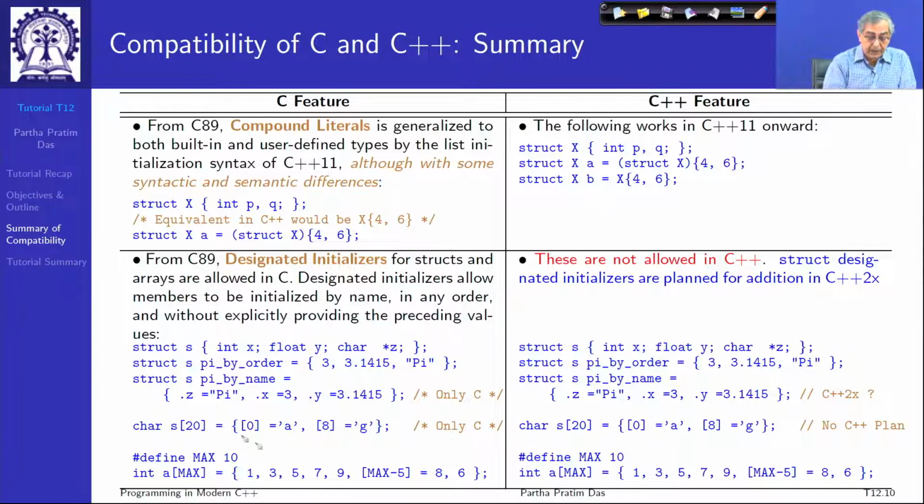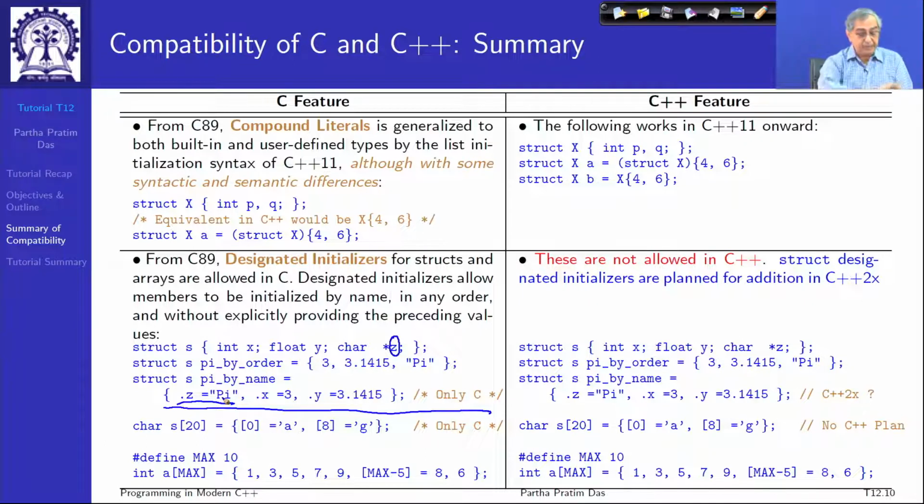Now, in C you can also do this: instead of just relying on the order, you can say dot z, that is this component, dot z. That is the notation; there is no name of the object yet.